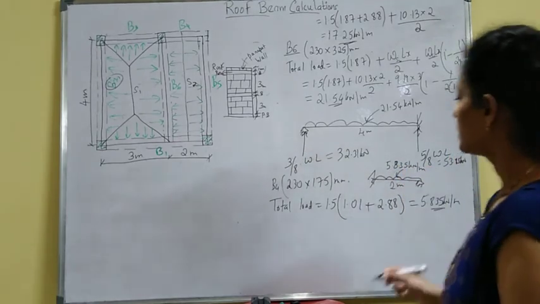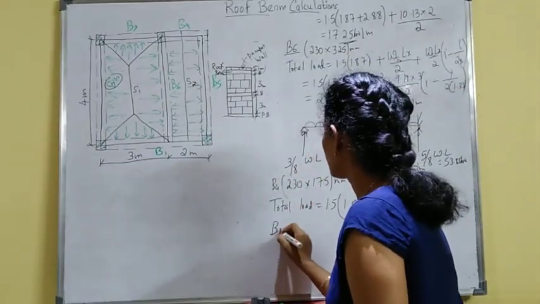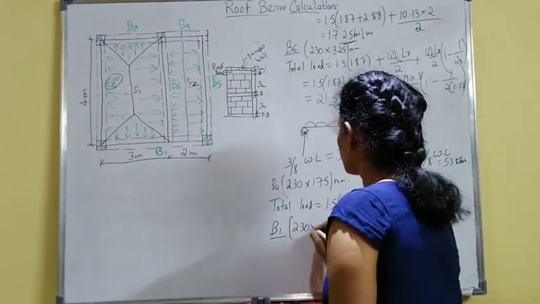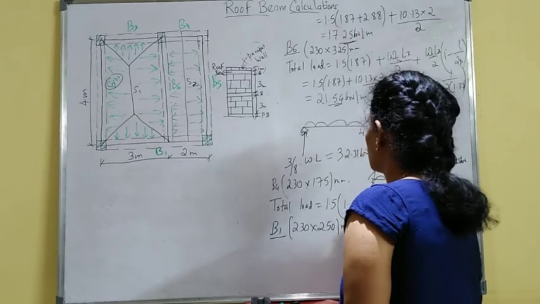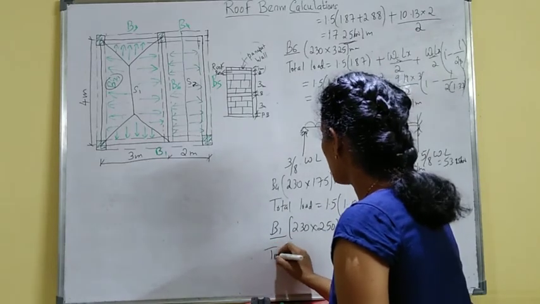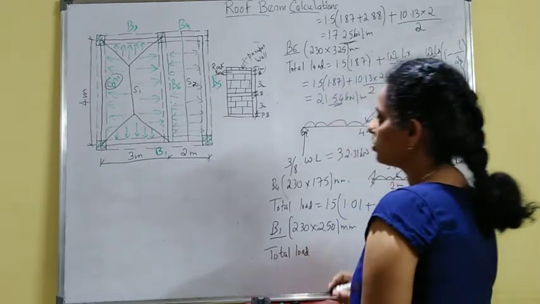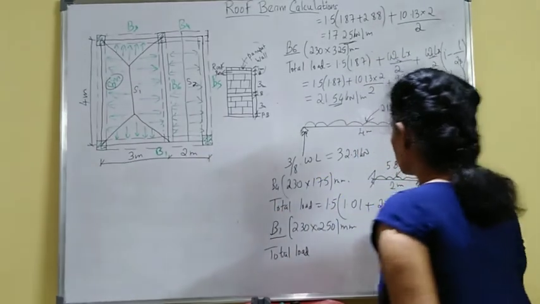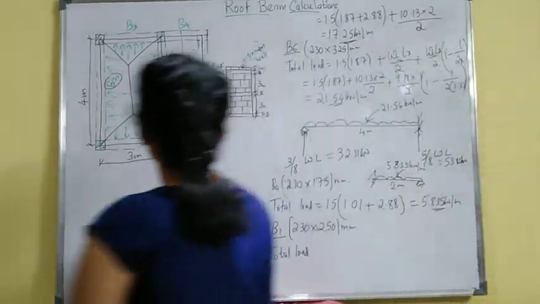Okay. Next we will see the last beam, that is the B1 beam. The size of beam is 230 by 250. Therefore, here you have total load. See here, this is a continuous beam.